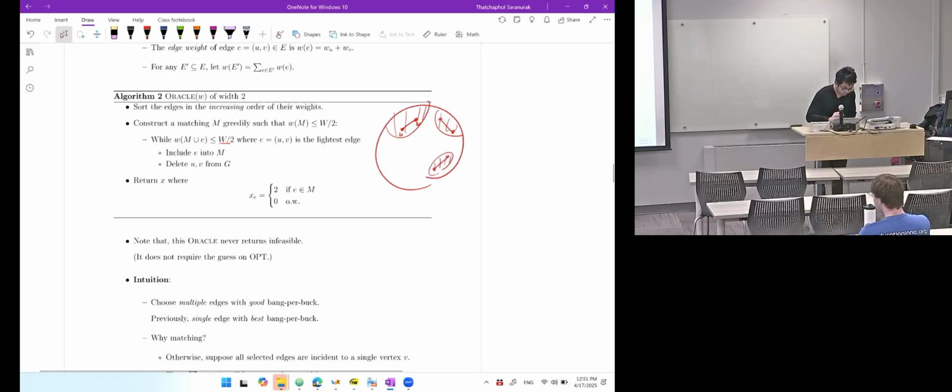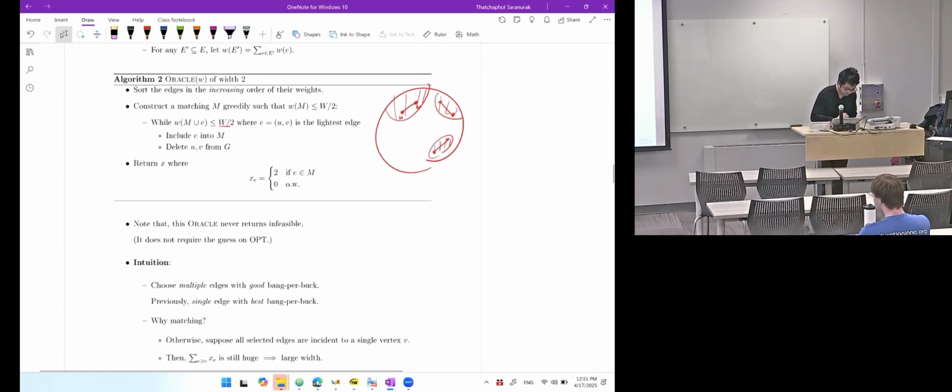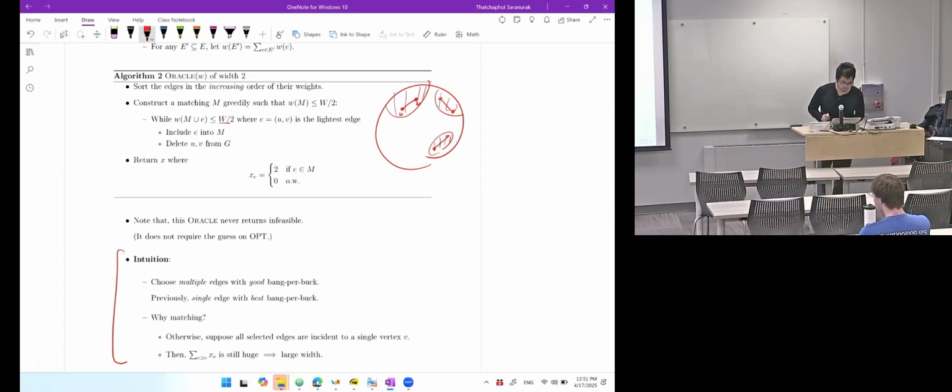So what is going on here, I think I have an interpretation. Look at this intuition a bit. What we used to do is just pick the first edge in this order and put all the value up there. Now we try to get multiple edges with still good bang per buck, because we choose the ones that have small weight.